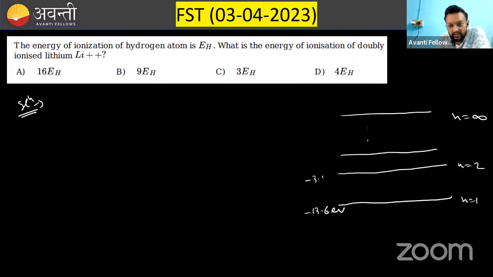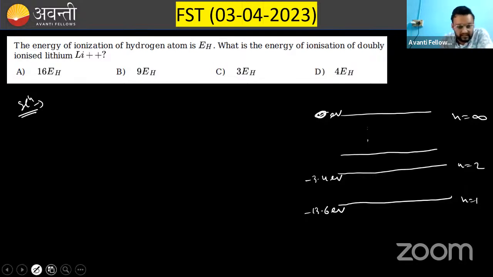This is minus 3.4 electron volt, and similarly at infinity the energy is 0 electron volt. This is how the orbits and energies of the hydrogen atom look.